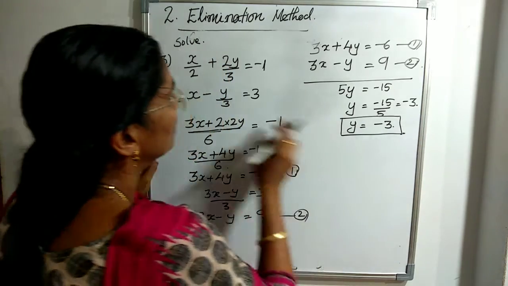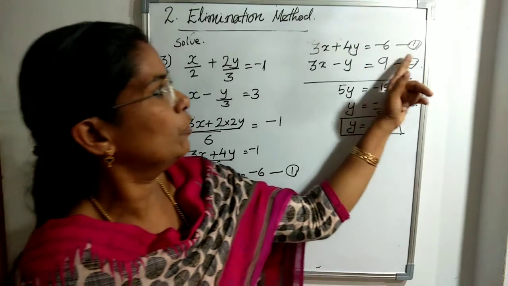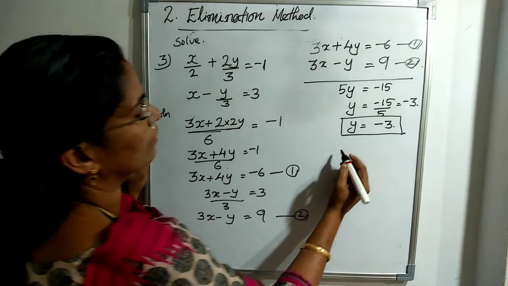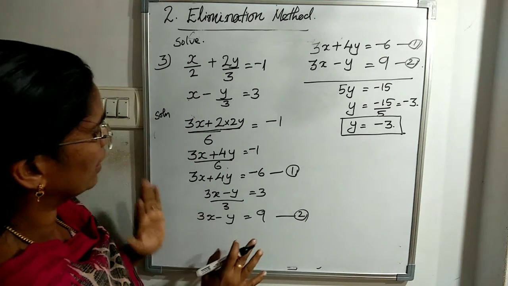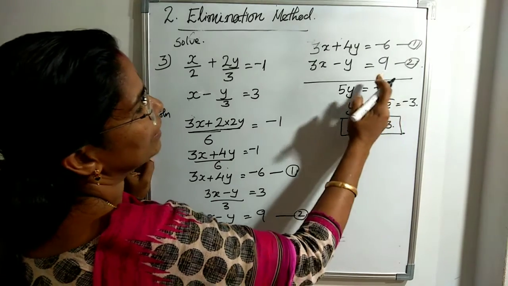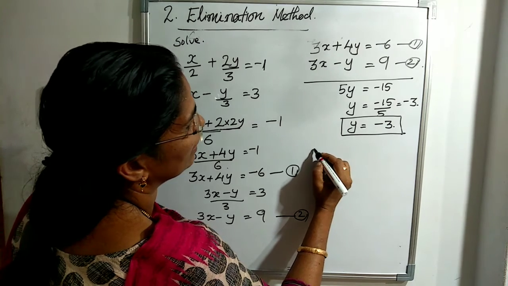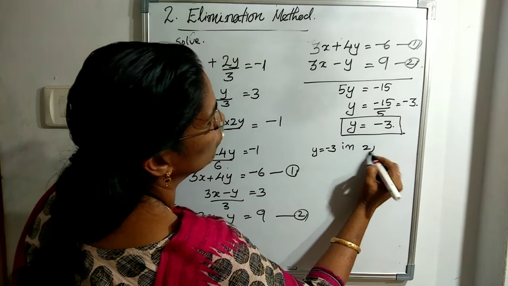Clear this step? First we change the fractions and make the equations without fractions. After that we follow the same method. And now we have to find the value of x. You can take any one equation and substitute y equal to minus 3 there. We can take this equation, as it is small. So take y equal to minus 3 in equation 2.